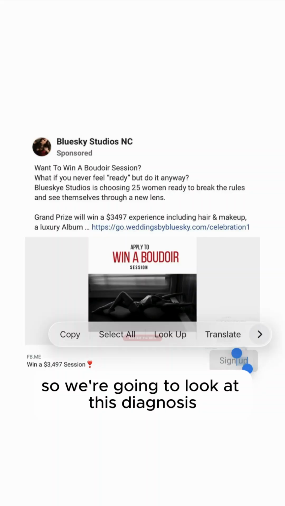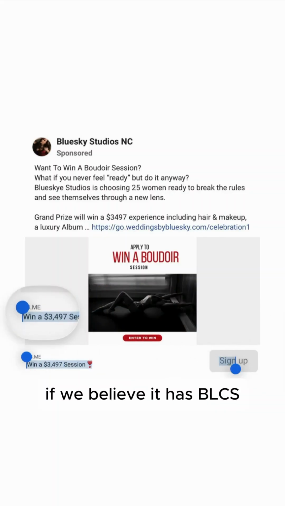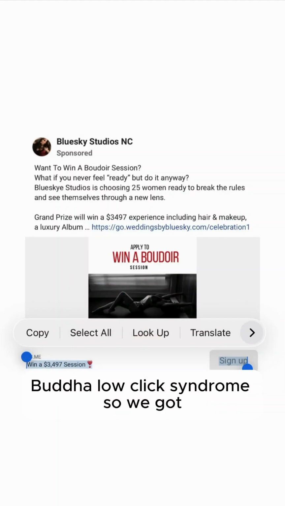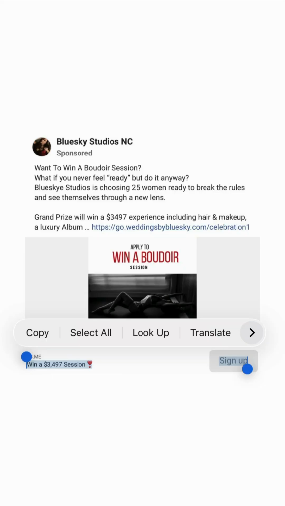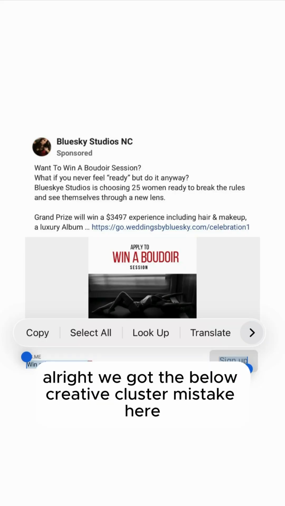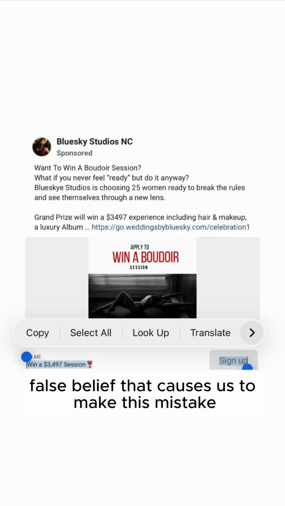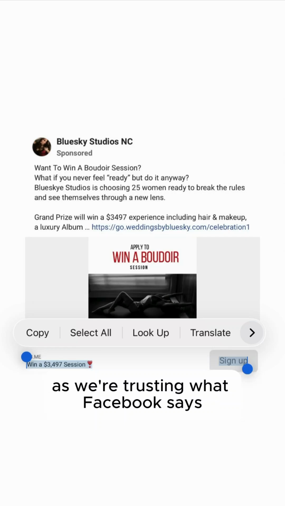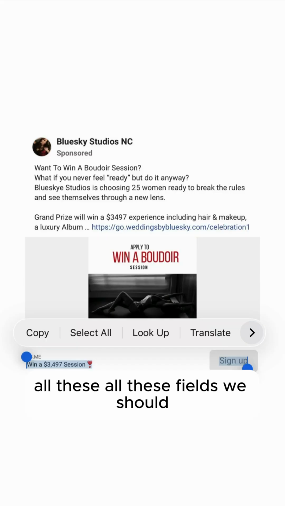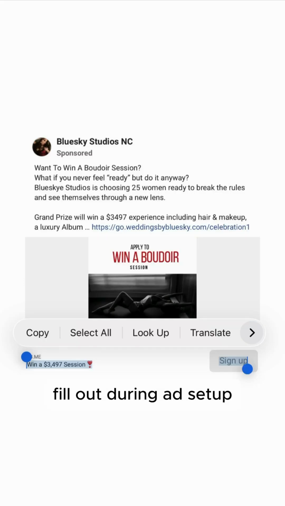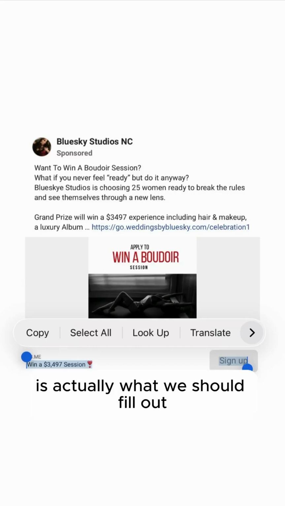So we're going to look at this, diagnose it, see if we believe it has BLCS, Boudoir low click syndrome. So we got the below creative cluster mistake here. The false belief that causes us to make this mistake is we're trusting what Facebook says. All these fields we should fill out during ad setup is actually what we should fill out.